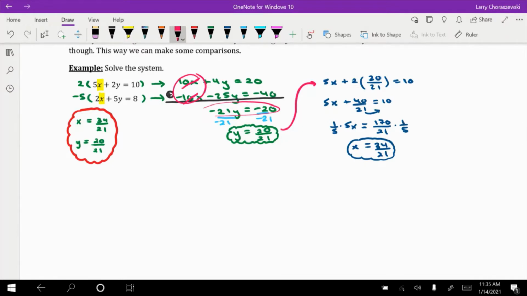And so what you're seeing over to the right here is me plugging 20 over 21 into the first equation to get 5x plus 2 times 20 over 21 equals 10. And then solving for x, we get 34 over 21. Okay, so x is 34 over 21 and y is 20 over 21. And I'm going to say AKA, an ordered pair, 34 over 21, comma 20 over 21.